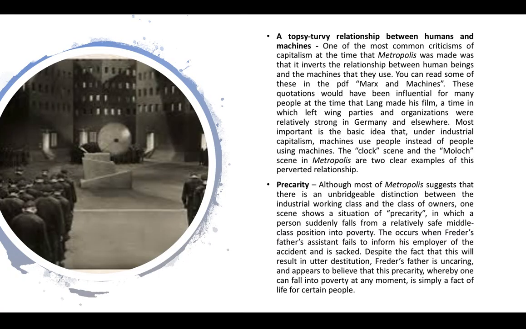Okay, and we also have what we might call a topsy-turvy or an upside down or an inverted relationship between humans and machines. One of the most common criticisms of capitalism at the time that Metropolis was made was that it inverts the relationship between human beings and the machines that they use.